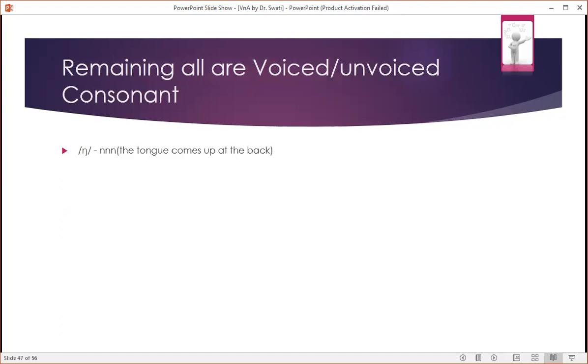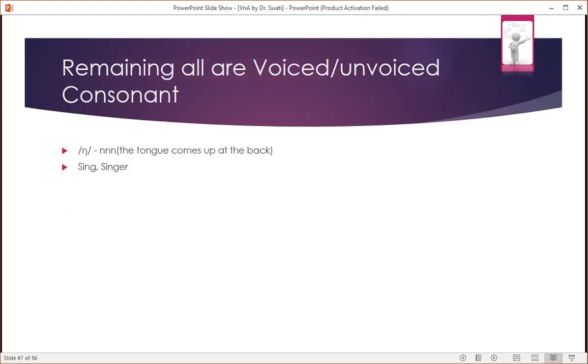Let's see more. This sign is almost like N, but with a little elongated side. It is also a nasal sound, but the tongue comes up at the back. When we pronounce the word sing, you can see the tongue is going back.